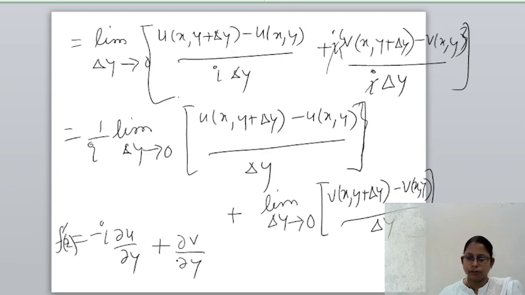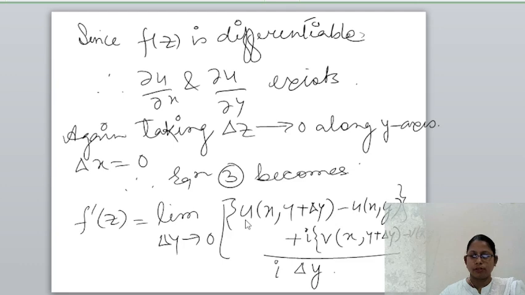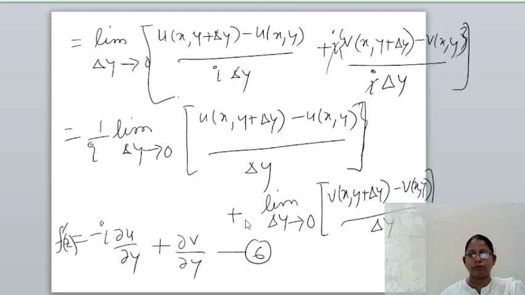As function is differentiable, so this partial differentiation exists. This is my equation number 5.